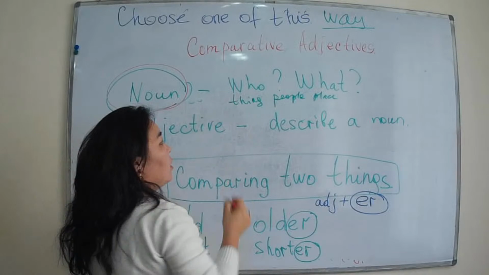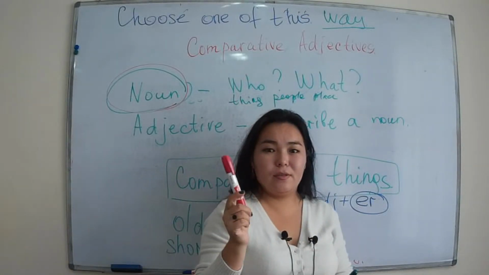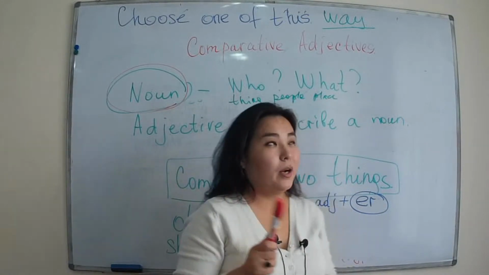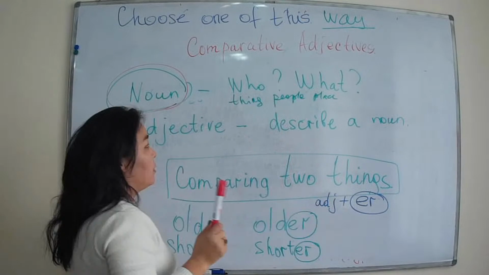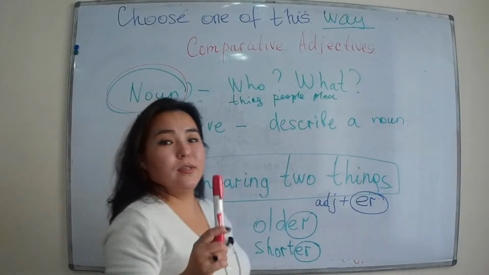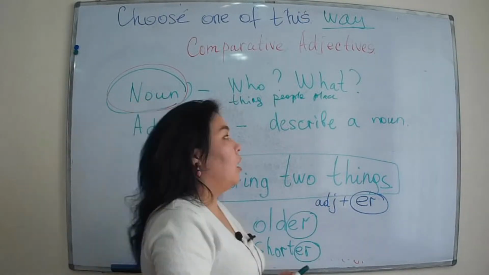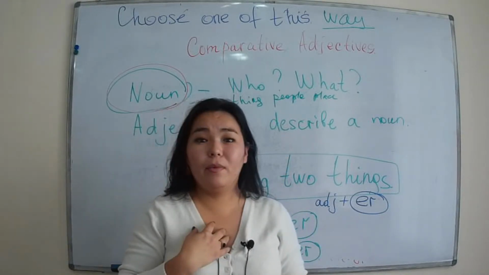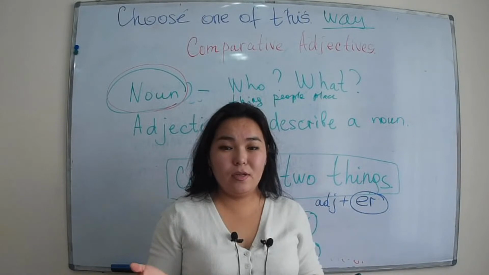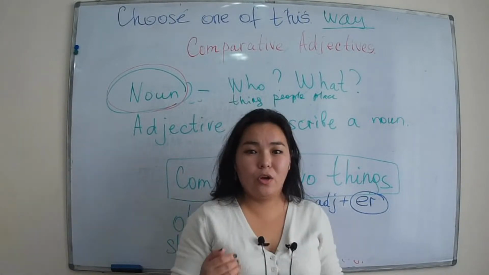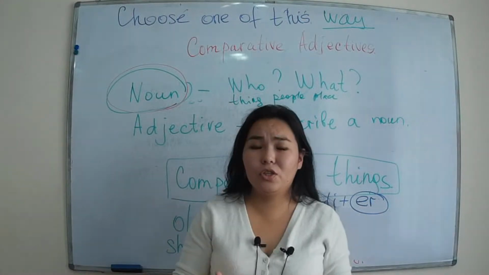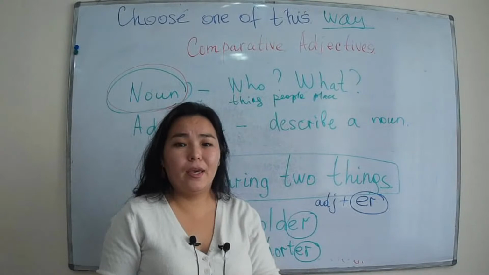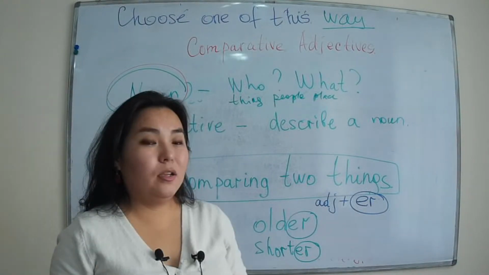For example, I have this marker in my hand. This is a thing, a red marker in my hand. What is it? It is a marker. Okay, who am I? I am a girl. You see, I'm also a noun in English. Girl, woman, teacher, and so on. So, things, people, and places can be nouns in English.